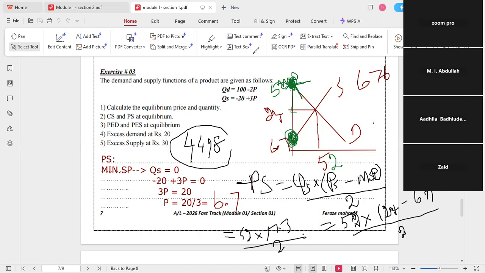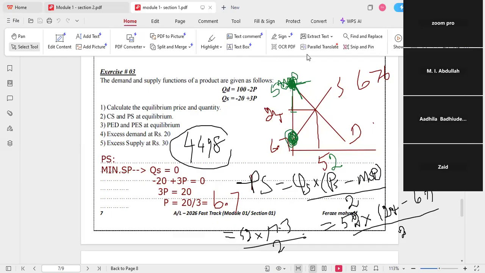Up to this, are you all okay with the consumer surplus and producer surplus? If you have taken the minimum supply price 6.6, 452 something is coming. No problem, they will accept it.